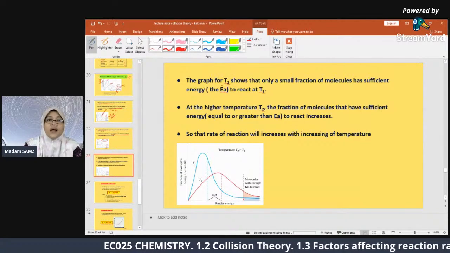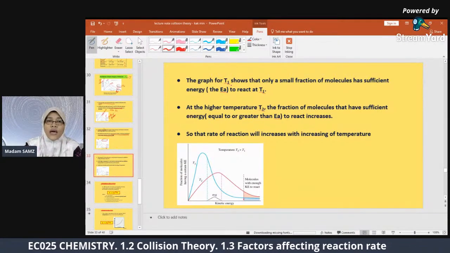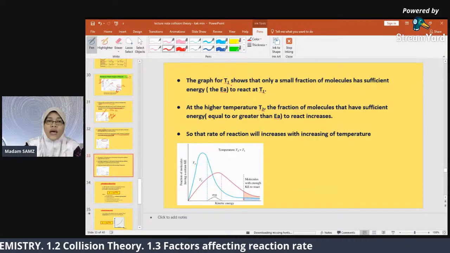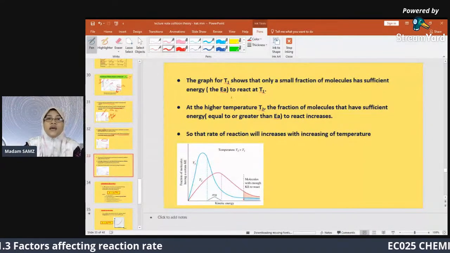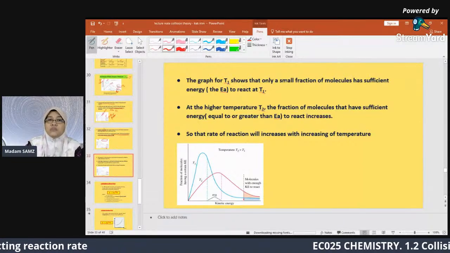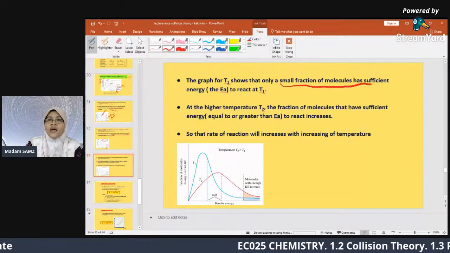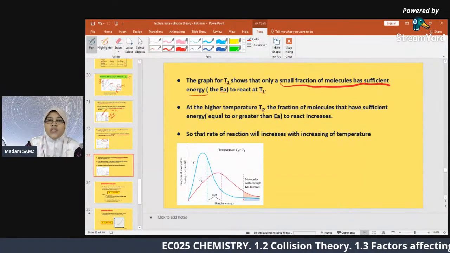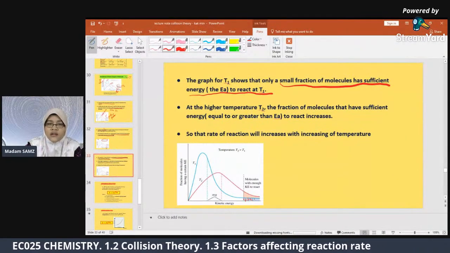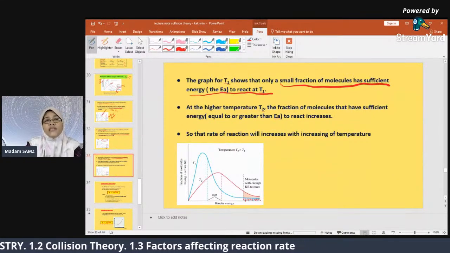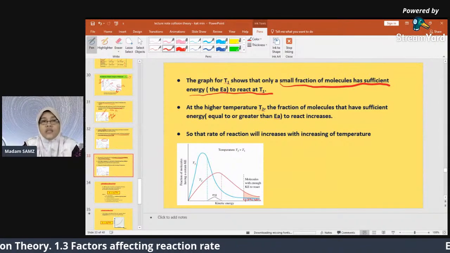So the graph of T1 ini jangan terbalik. T1 ni bukan T tinggi. T1 ni T rendah tapi dia habis awal. Alright. T1 shows that only a small fraction of molecule had sufficient energy EA to react at T1. Maksudnya sikit sangat molekul yang berjaya exceeding EA.